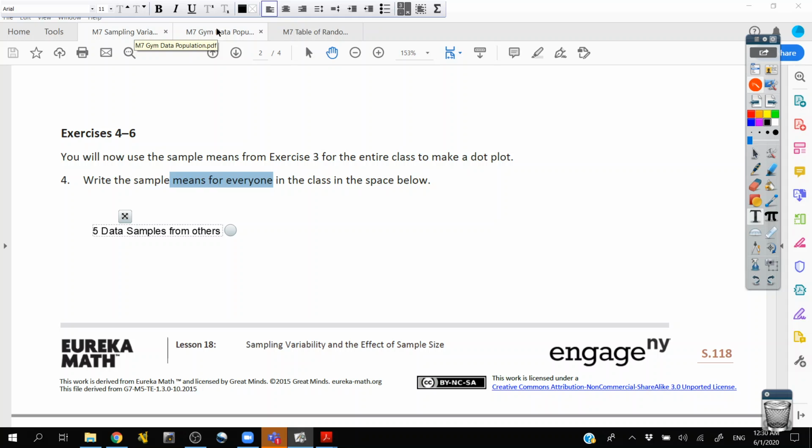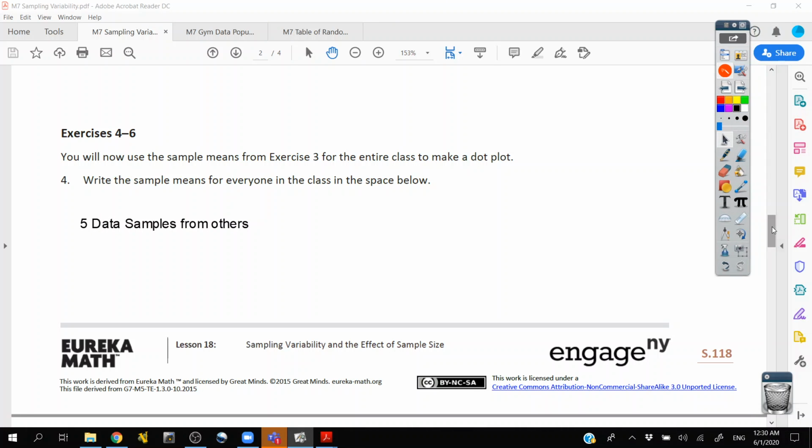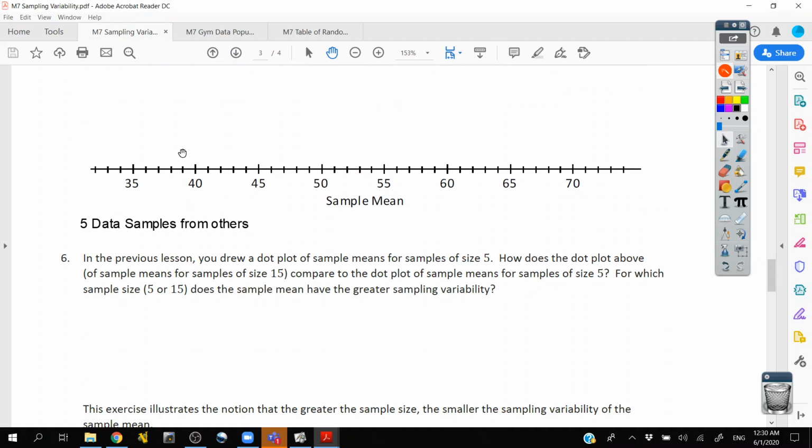With yours, that should make a total of 6 data samples. Then when we go to the next tasks, you will have 6 dots in your dot plot, and you'll go on and answer the rest of these questions.